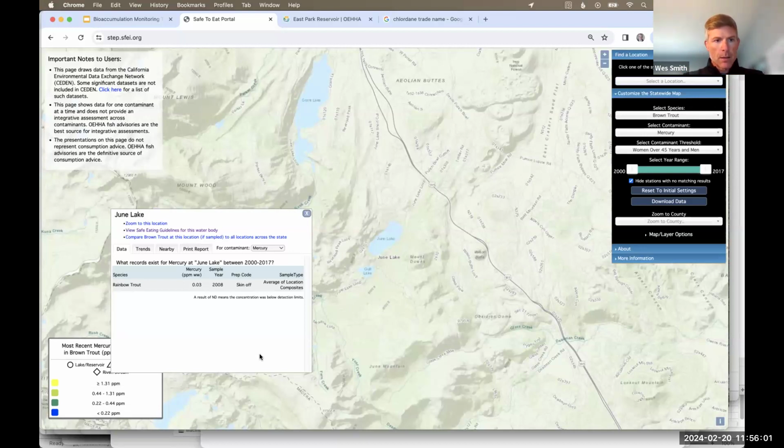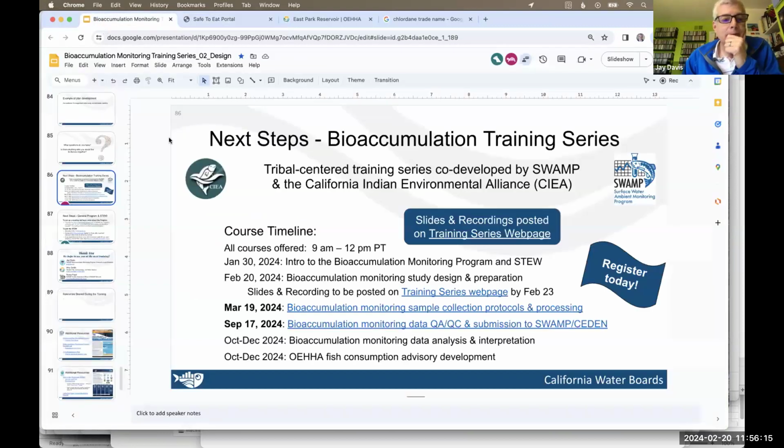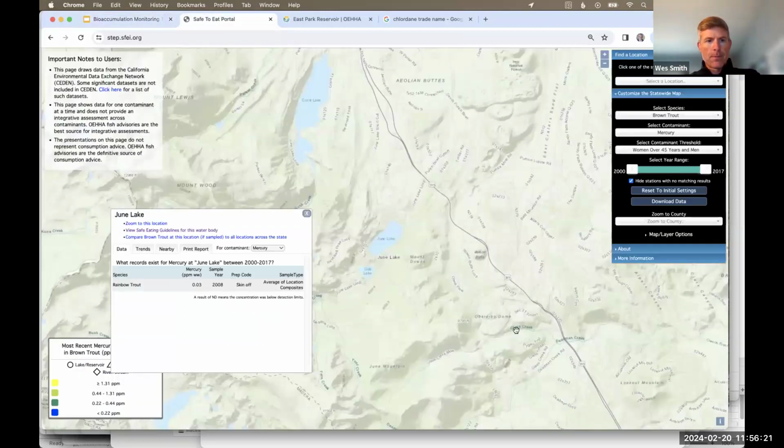Then we'd look at the size to figure out how many locations we need. It's a small lake. I think I had that in the slides. It's in the small category. So 9 individuals with 3 species would be sufficient for us to develop an advisory.